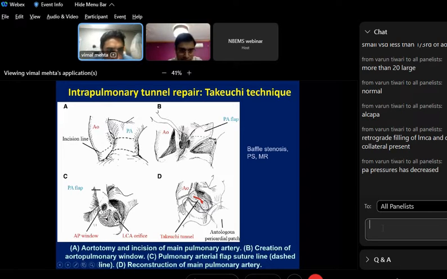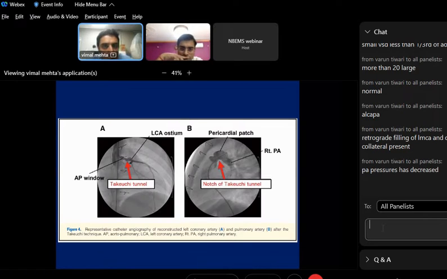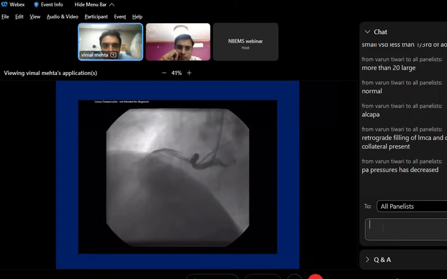This is not a reimplantation, but opening and connecting it with the tunnel. So it is also called intrapulmonary tunnel repair or the Takeuchi technique, which is still done in patients in whom the artery cannot be harvested for implantation. That was about the left coronary.